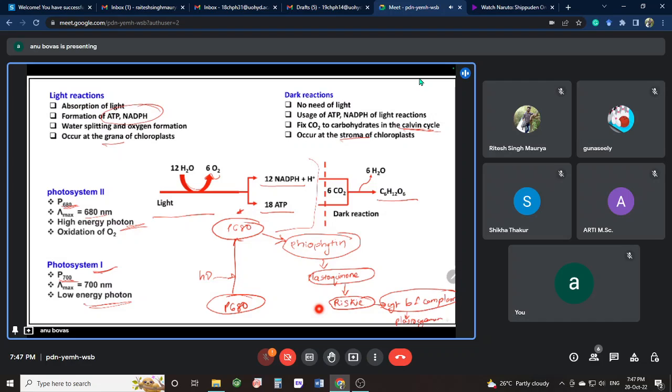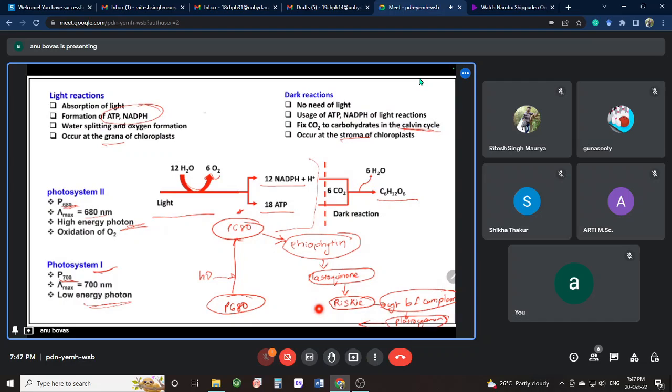Plastocyanin and azurin are blue copper proteins. Whoever is teaching you about ferredoxin and the others will teach each one separately. I will be teaching about plastocyanin, and from plastocyanin the electron goes to photosystem 1.